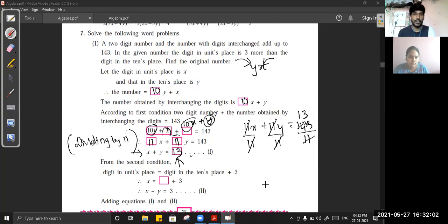Okay, now the second condition. If you read the second condition: in the given number, the digit in the units place is 3 more than the digit in the tens place. Okay, 3 more. So 3 more means what will it be? Plus 3 or minus 3?